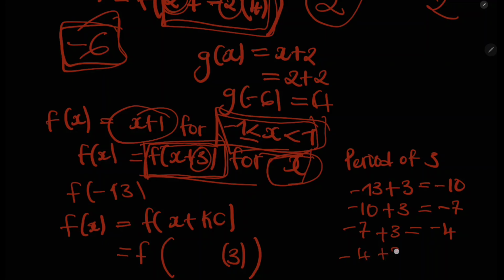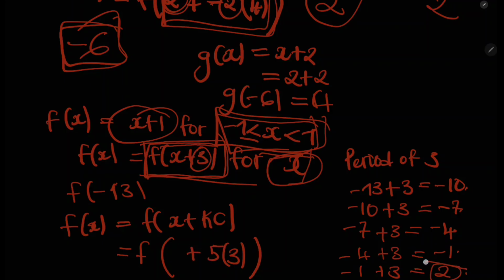Minus 4 plus 3 is minus 1. Minus 1 plus 3 gives us 2. So how many times did we add 3 to minus 13 in order to give us our final positive number? 1, 2, 3, 4, 5. So here we have 5.